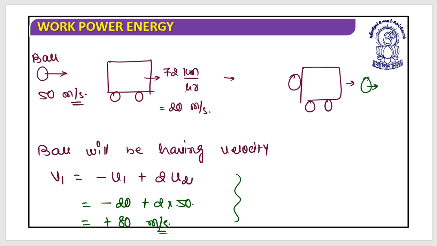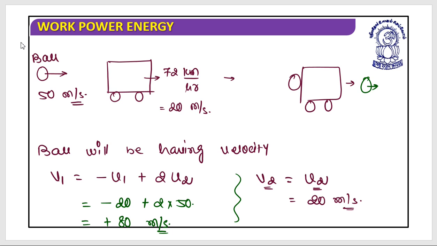And let's work out v2, the velocity of that truck. That should be equal to u2. While I say v2 is equal to u2, I must understand that this is the velocity of the truck, which is the same, 20 meters per second.